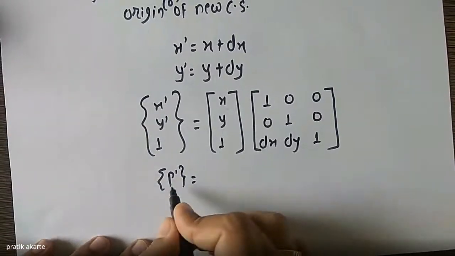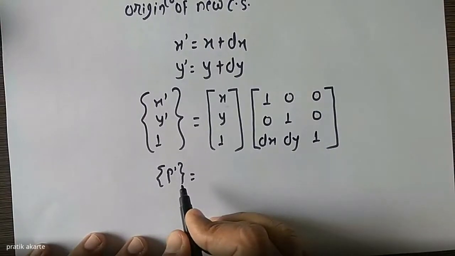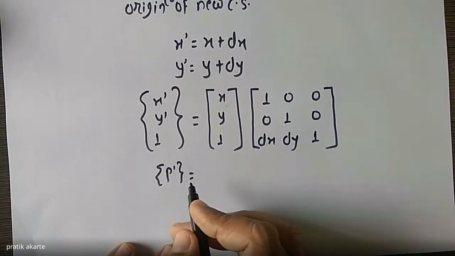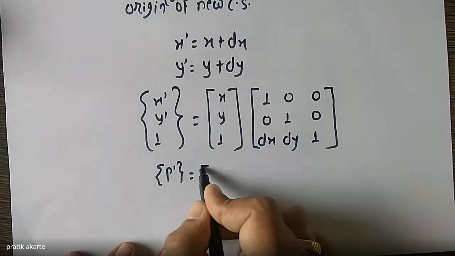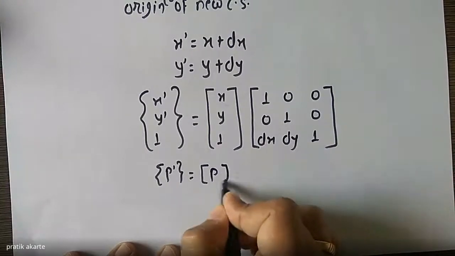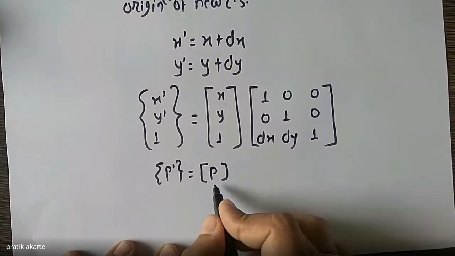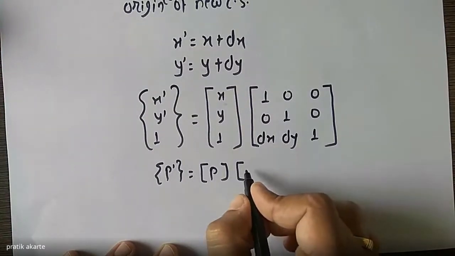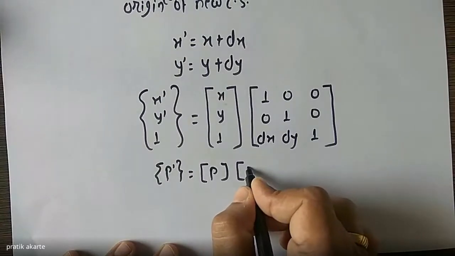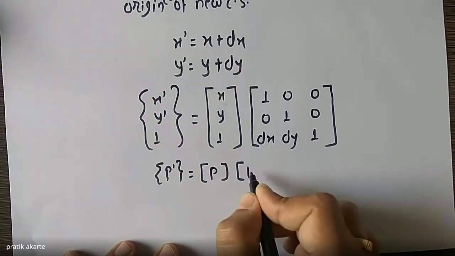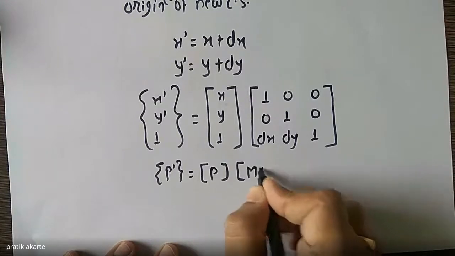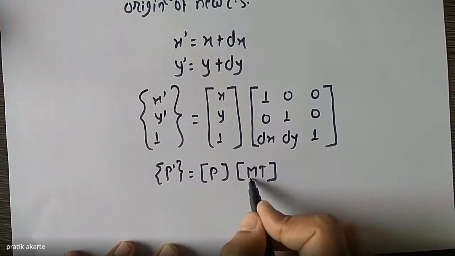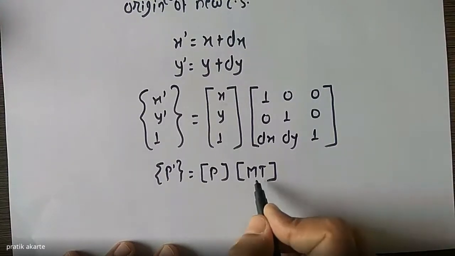P dash is not a new coordinate; it is what we get after changing the coordinate system, the coordinates of the point P. Then we have P, the coordinates in your original coordinate system, and then we have, let us say, MT. Okay, MT means translational mapping.